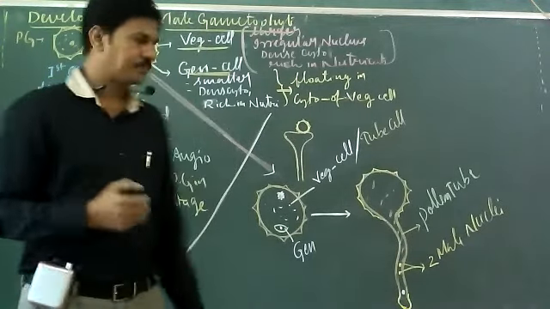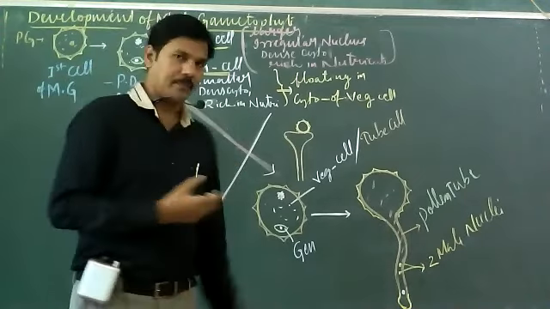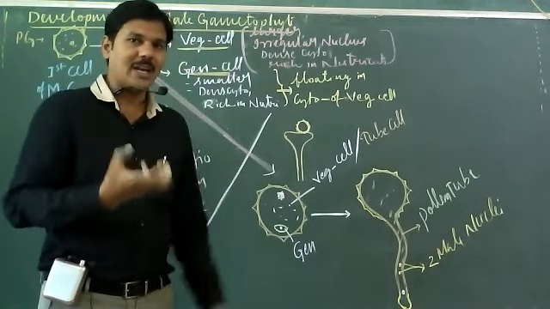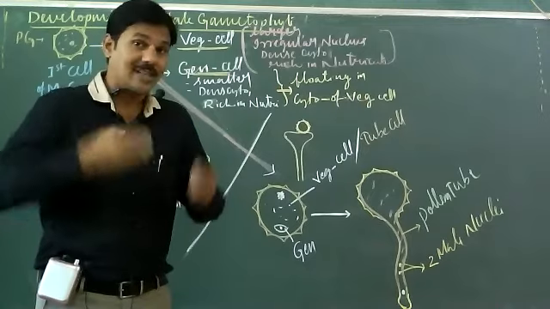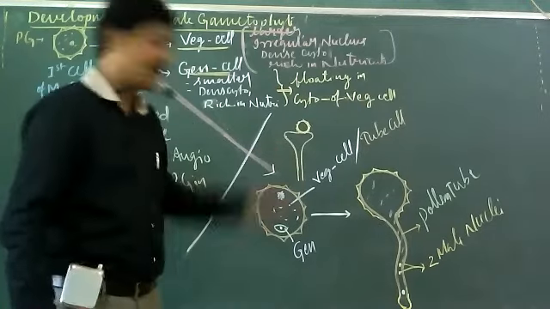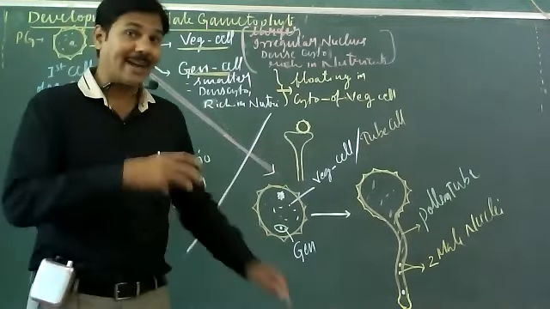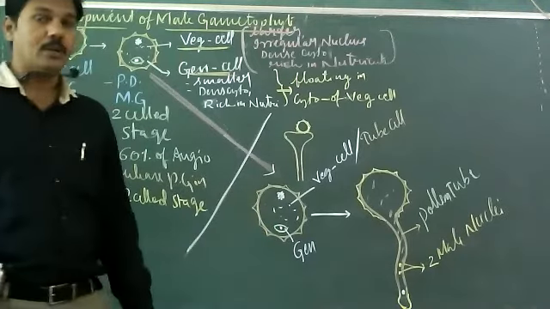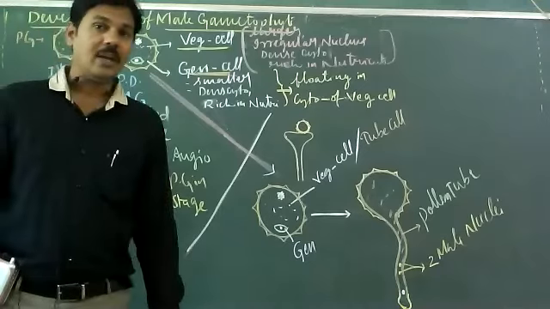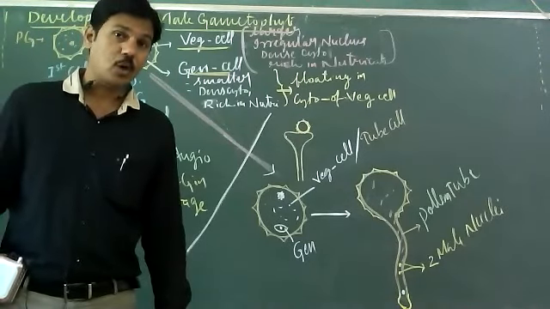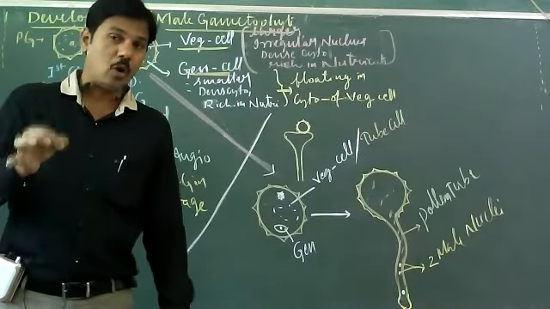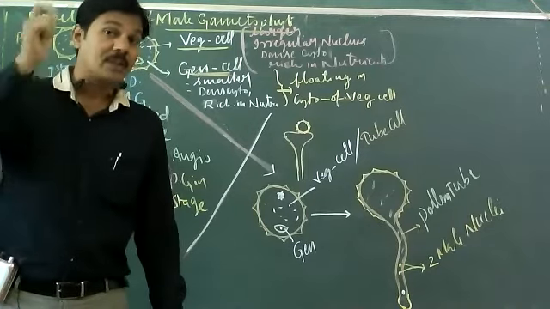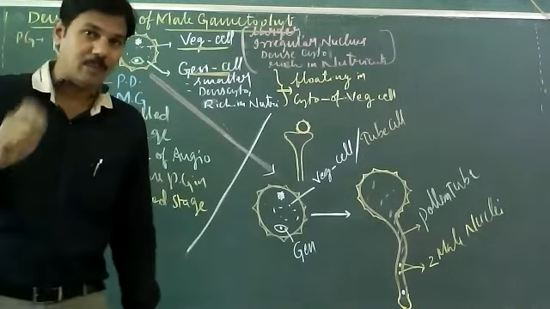Generally the tip is semi-spherical and a large amount of cytoplasm will accumulate at the tip. The growth of the pollen tube is chemotropic. Objective point mark. The growth of the pollen tube is chemotropic.